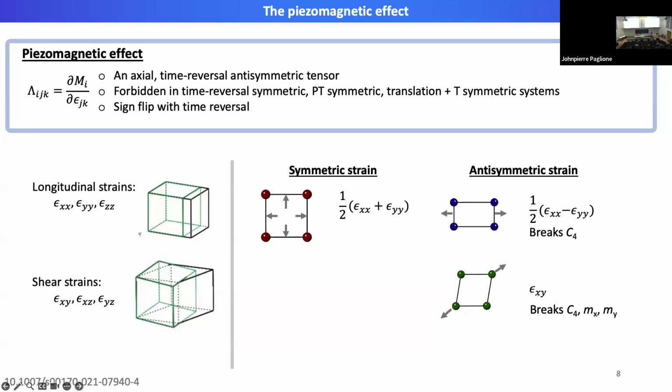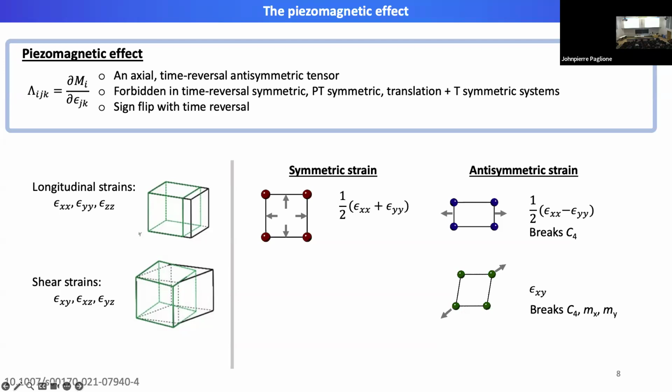In the shear strains, the direction of the axes are also slightly deformed. You can also think about the shear strain as a uniform deformation along the diagonal dimensions. So that's the conventional categorization of the different modes of strains.